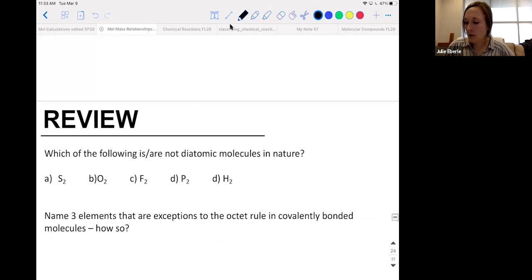Okay. Next one, which of the following is or are not diatomic molecules in nature? So there may be more than one correct answer here. What do y'all think? Just type the answers in the chat.